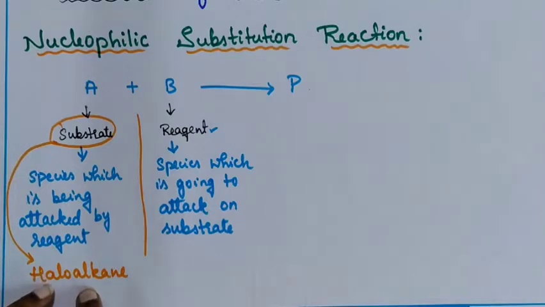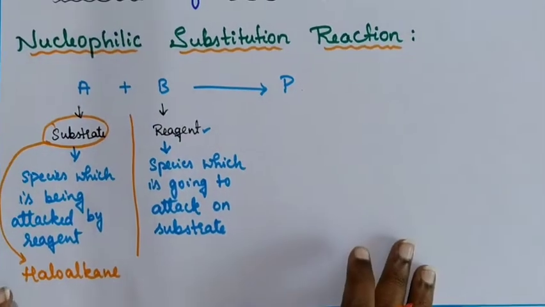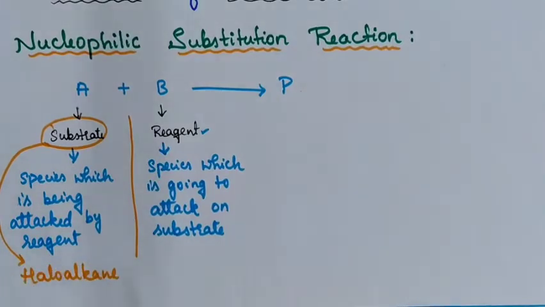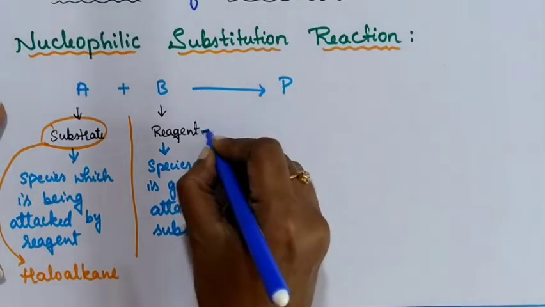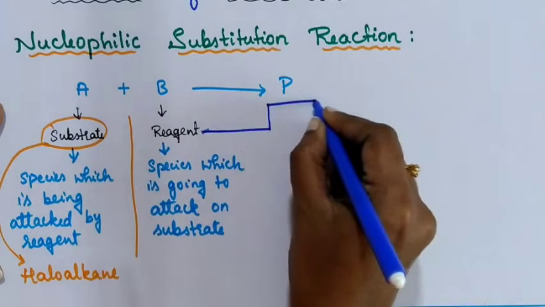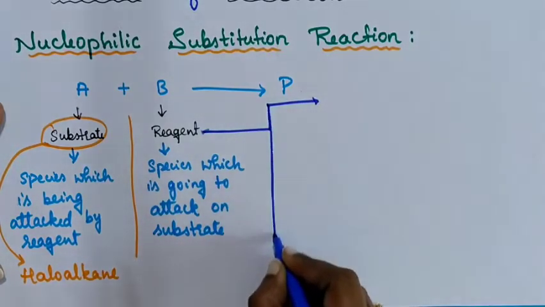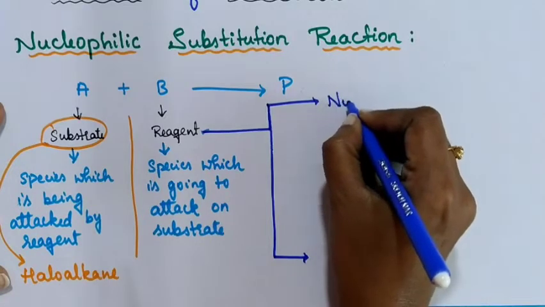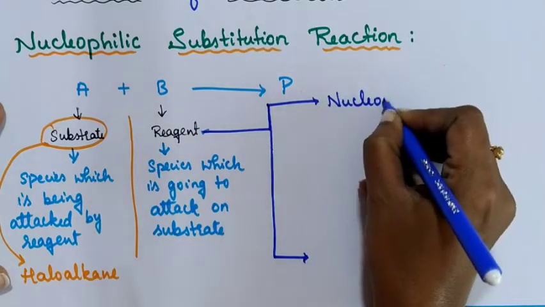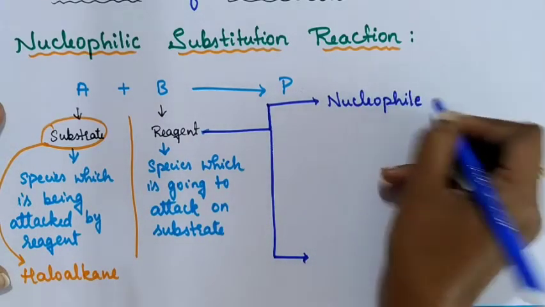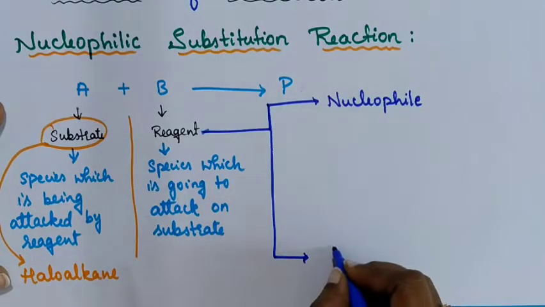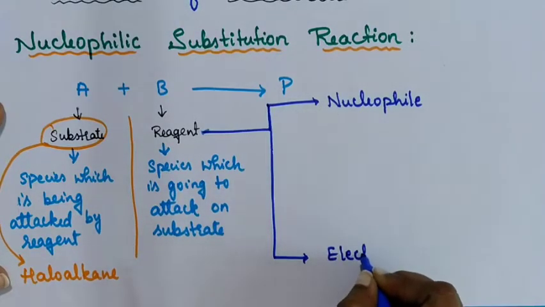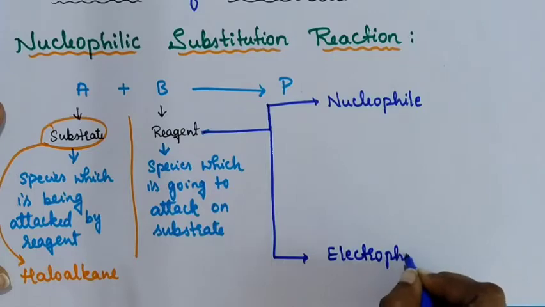That means it is going to be attacked by some reagent. And now the interesting thing is, this reagent can be classified into two types. The first type you can call nucleophile, and another type of reagent is electrophile.